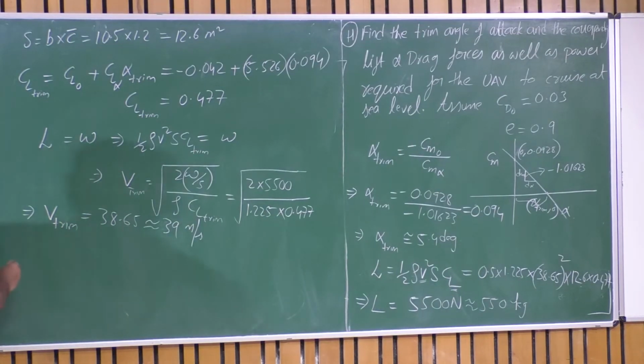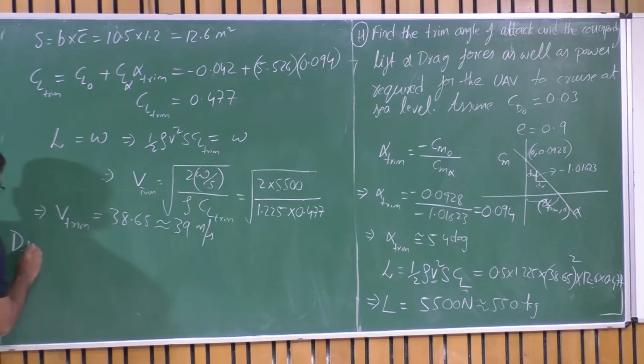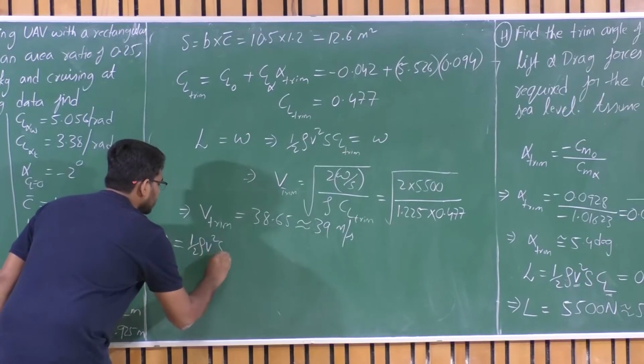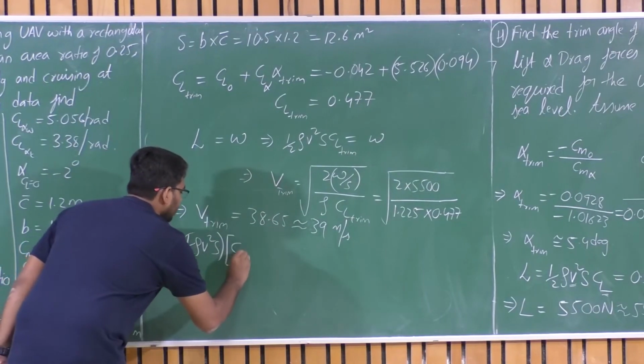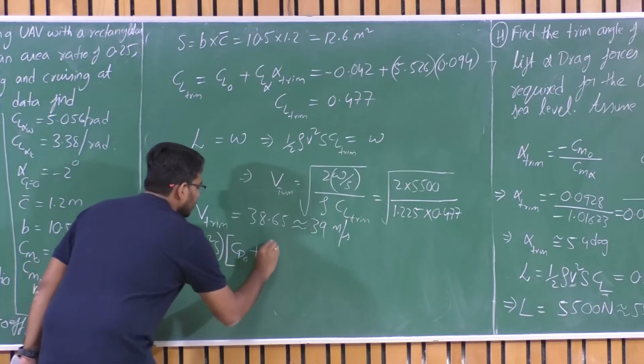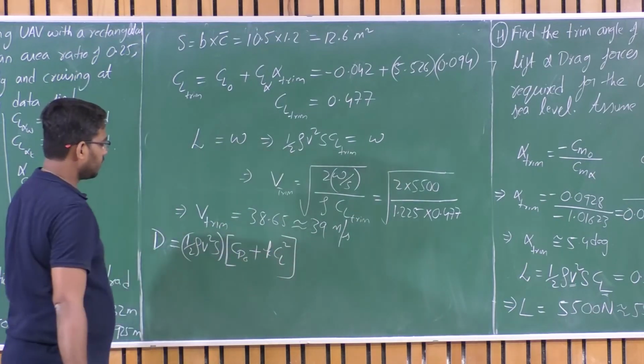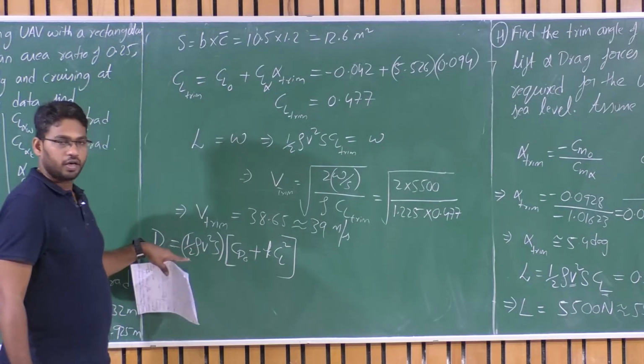And what is the drag? So drag is equal to again half rho V square S times CD naught from the drag polar equation plus K CL square. So you substitute the value of CL here, you are given CD naught, and find out the drag.